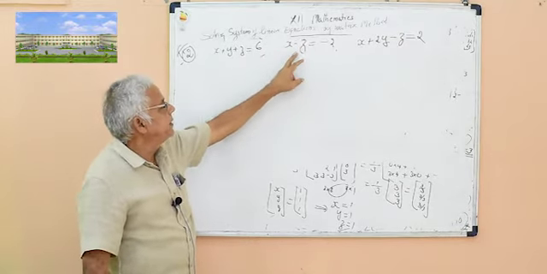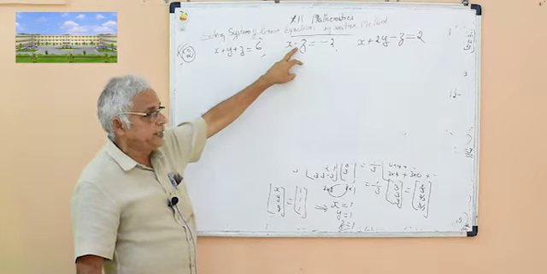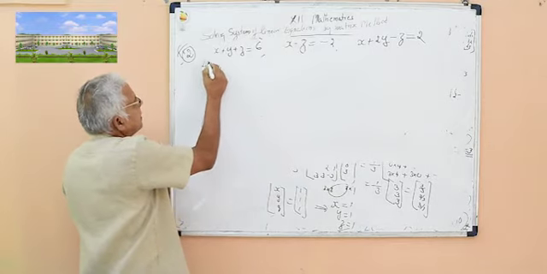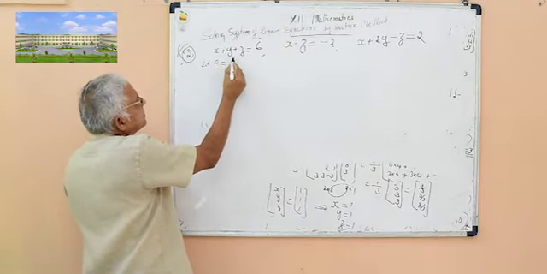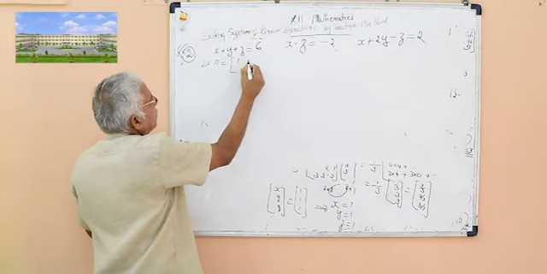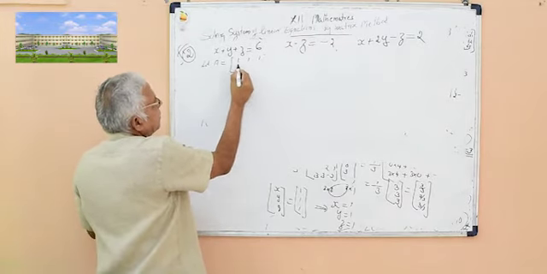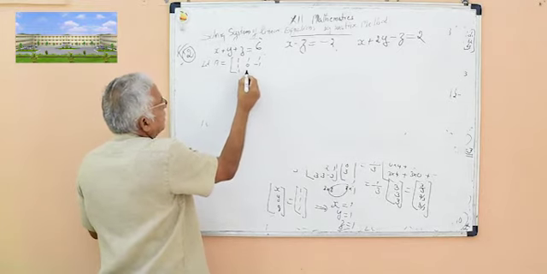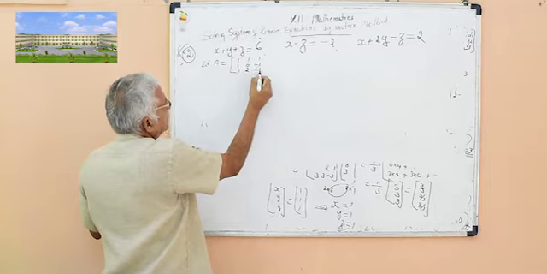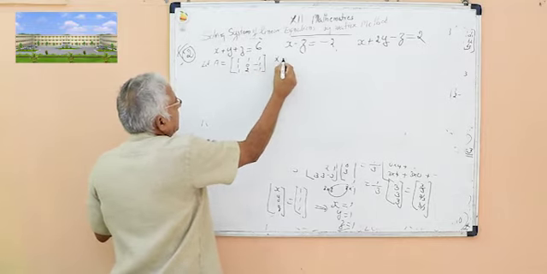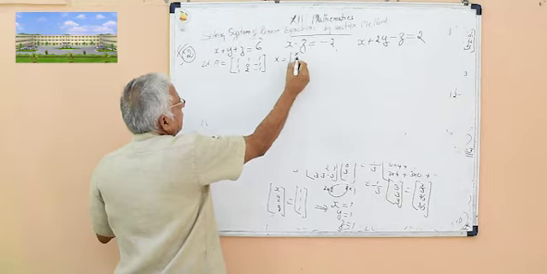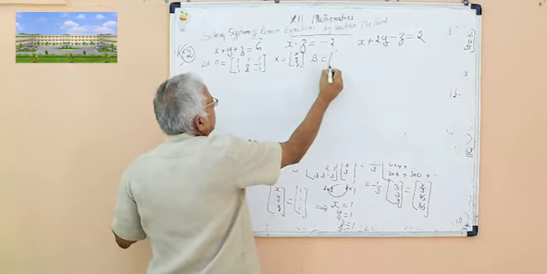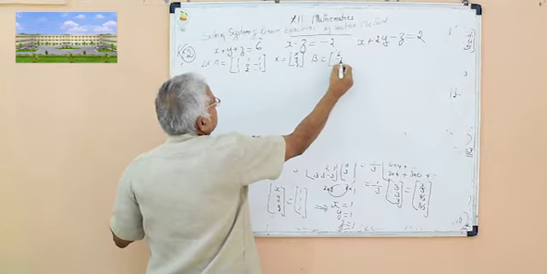Let A be the coefficient matrix: first row 1, 1, 1; second 1, 0, minus 1; third equation coefficients 1, 2, minus 1. X is the column matrix x, y, z. B is the right hand side constant matrix 6, minus 2, 2.